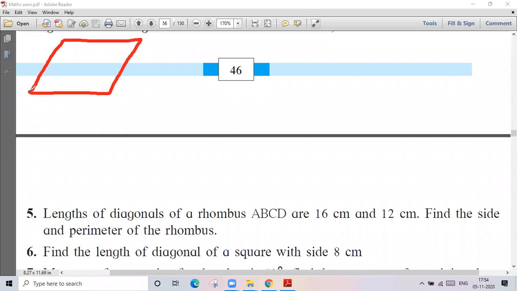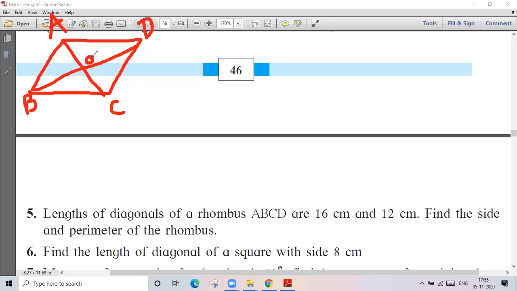Suppose this is a rhombus ABCD. The diagonals are 16 centimeter and 12 centimeter. Suppose this is your O, right?